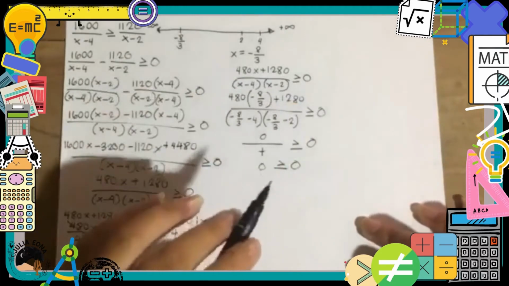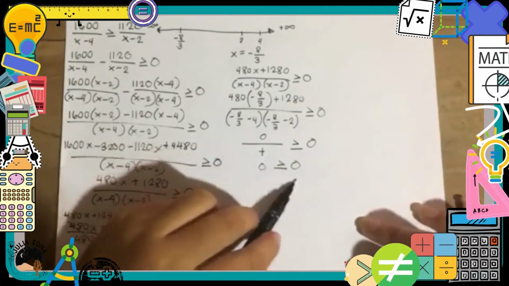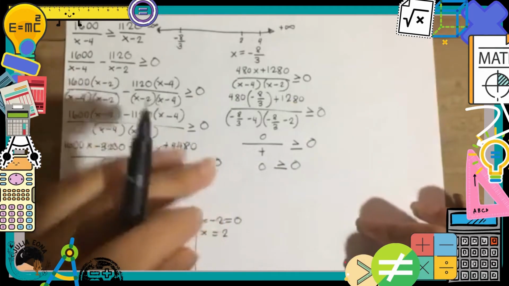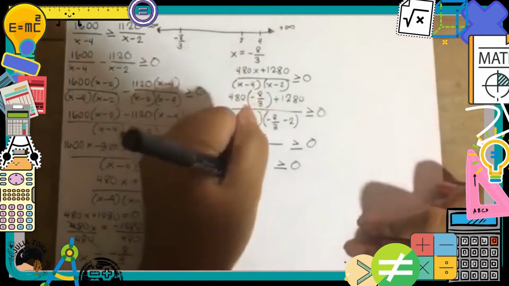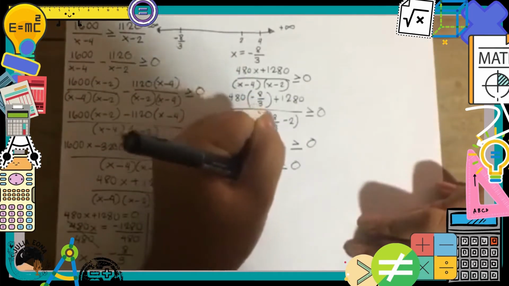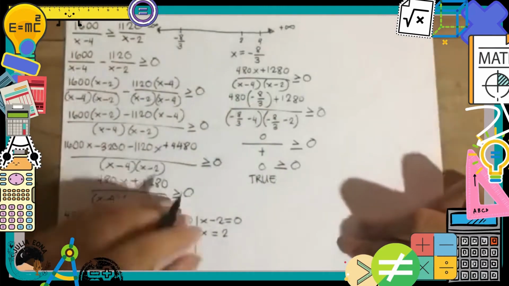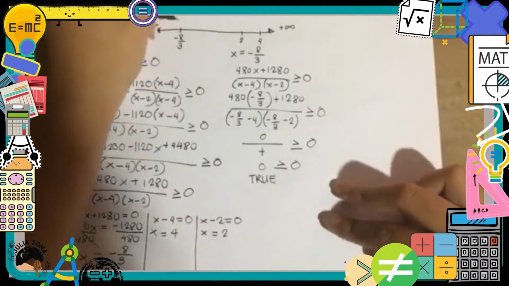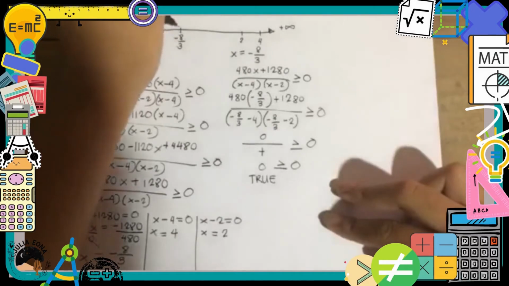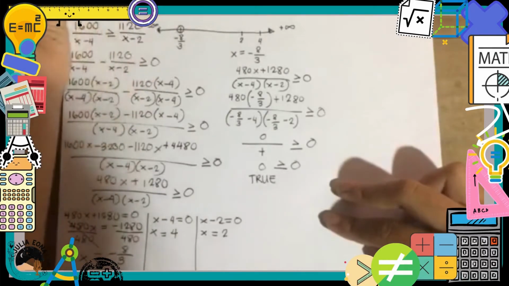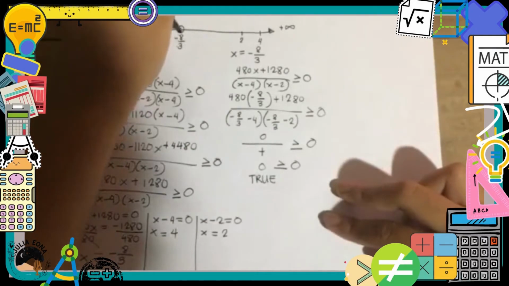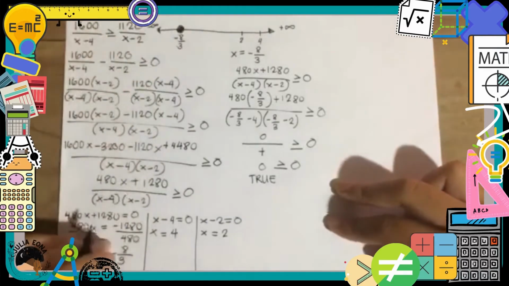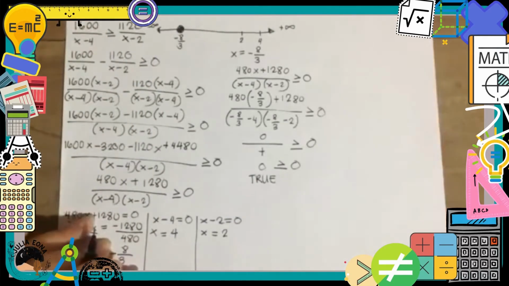Since 0 is equal to 0, this solution is true. So I'm going to encircle negative 8 over 3 and shade it to indicate that it is part of our solution.